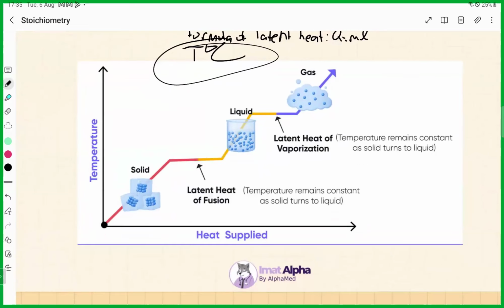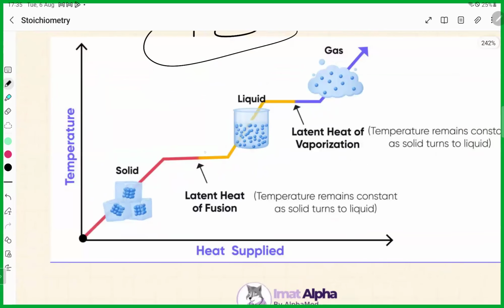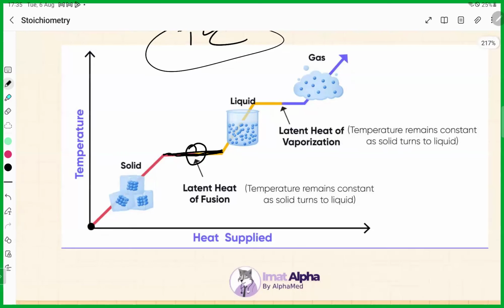Latent heat of fusion. Fusion means melting. Temperature remains constant as the solid turns to liquid. On this point, it stayed constant. The same applies to vaporization: when it goes from a liquid state to a gas state, the temperature also remains constant.